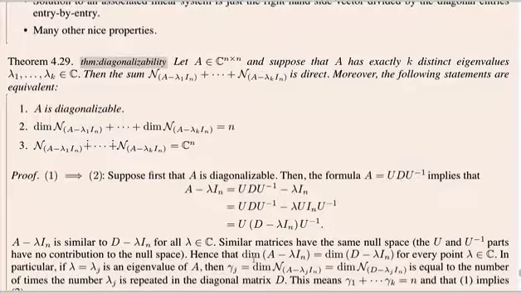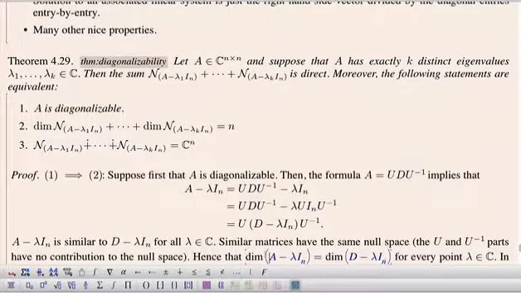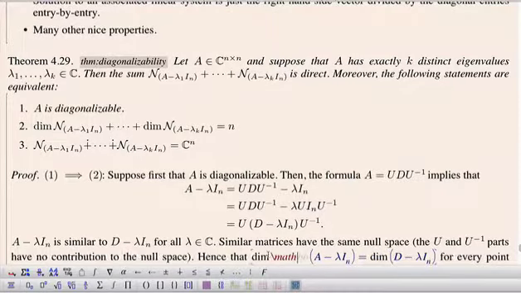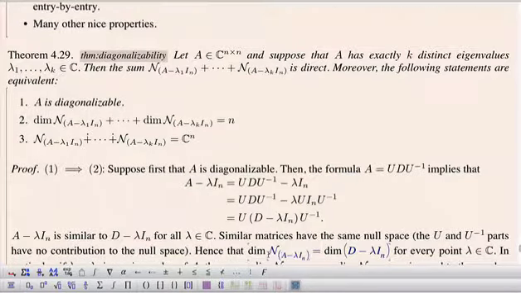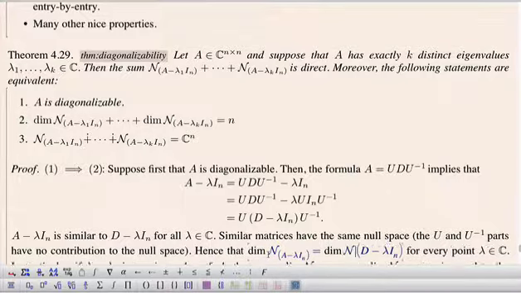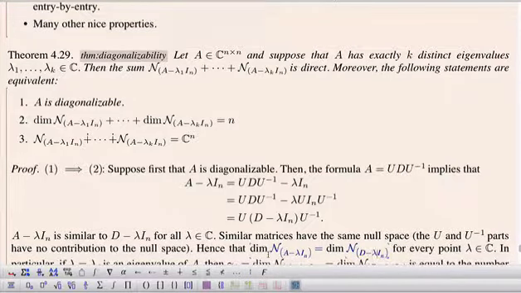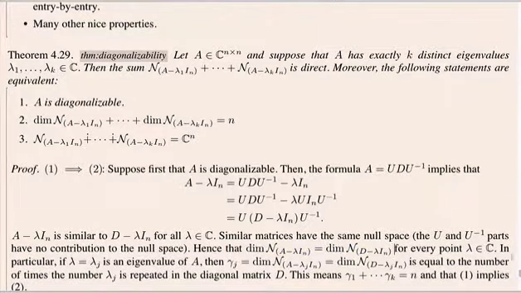That means the dimension of the null space of A minus lambda I_n is equal to the dimension of the null space of D minus lambda I_n for every point lambda in the complex plane C. In particular, if lambda is an eigenvalue like lambda j of the matrix A, then the dimension of the null space of A minus lambda j I_n is actually gamma j, the geometric multiplicity of the eigenvalue.